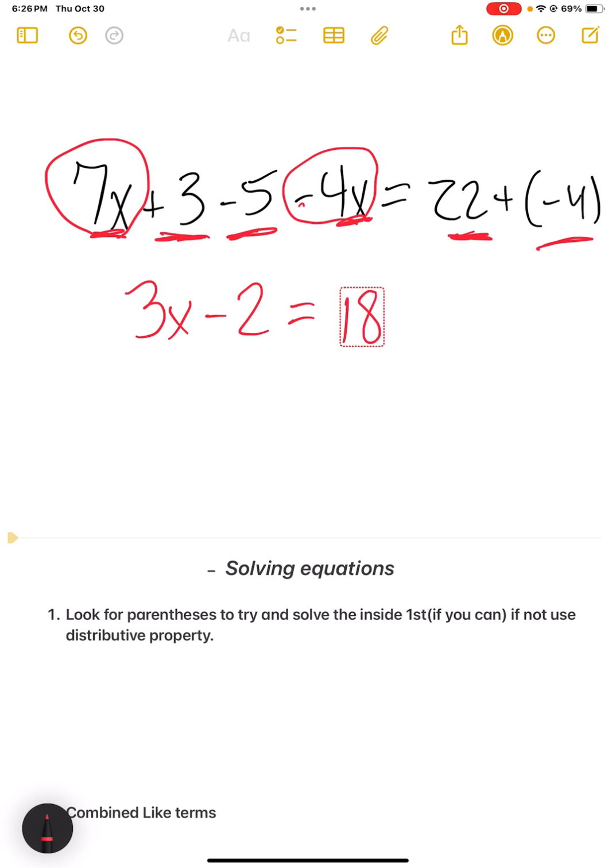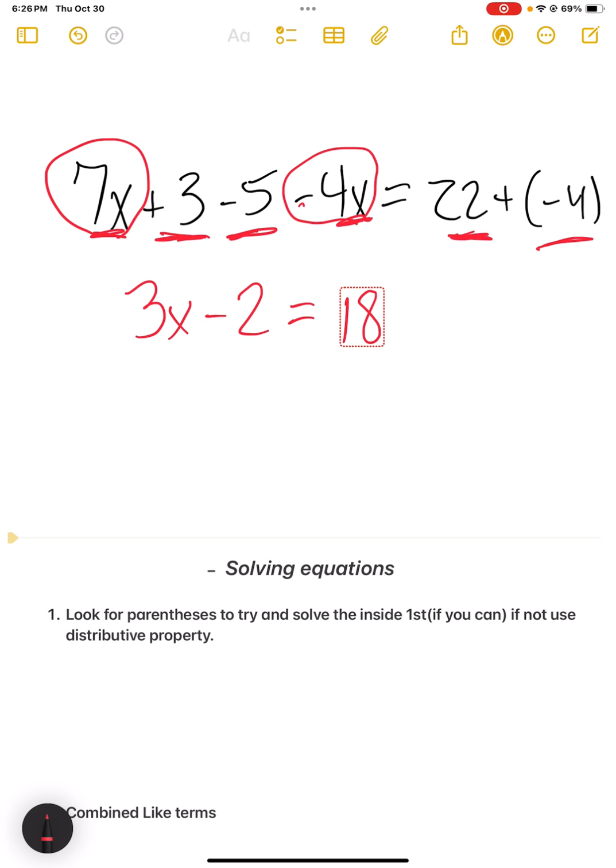Okay? And that's as simple as combining like terms is. So most of the time, when you're solving an equation, the reason combining like terms is the second step is because after you get rid of a parentheses, most of the time you're going to have like terms on one of the sides, if not both, that you can combine.